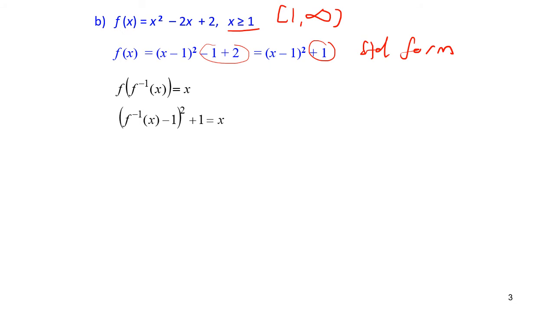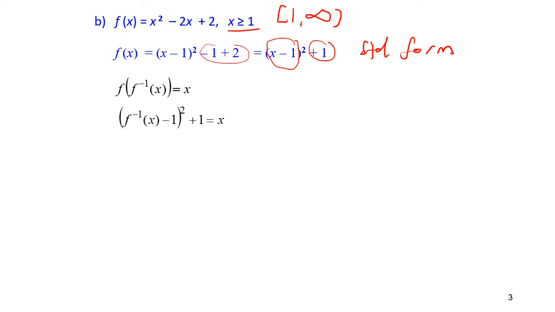So x becomes inverse f minus 1, we substitute here inverse f minus 1, squared, plus 1. Then we rearrange to find the inverse f.